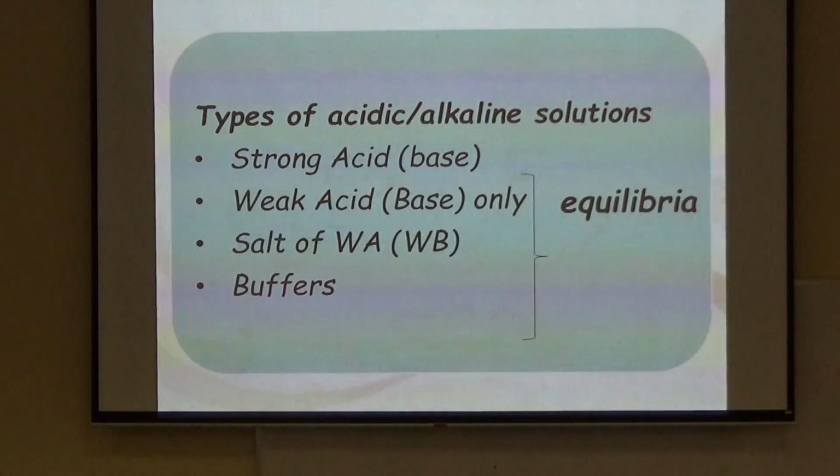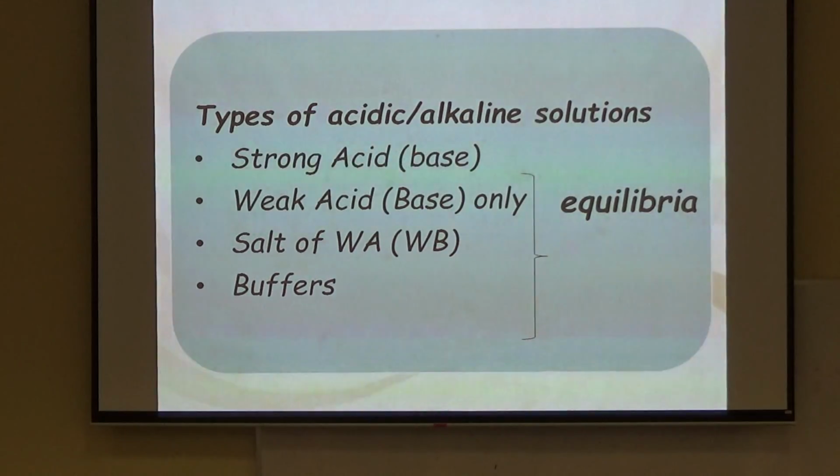Okay, so now we have basically finished all the different types of calculations that you need to know how to do. Strong acid or strong base. There's weak acid or weak base only. There's a salt of the weak acid or weak base. There's buffers which combine both the weak acid and the salt, or the weak base and the salt. So the last three situations are equilibria.